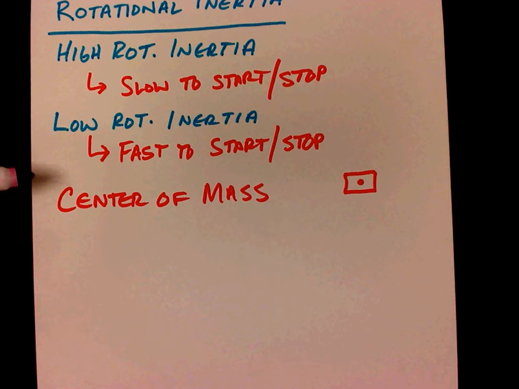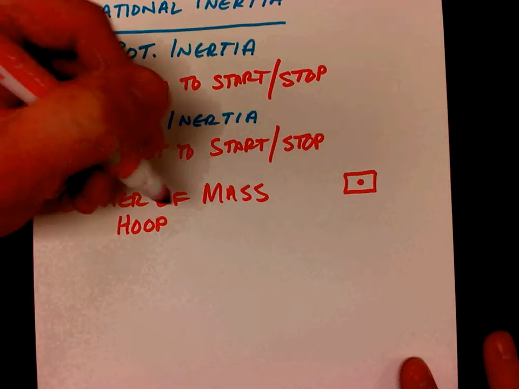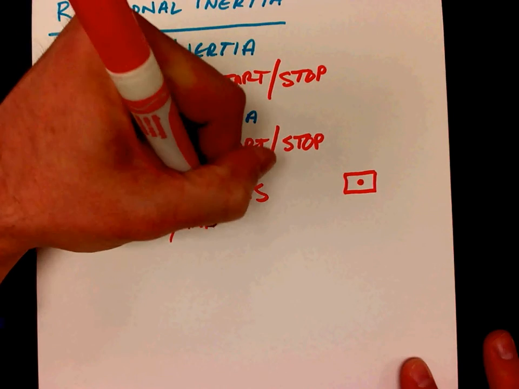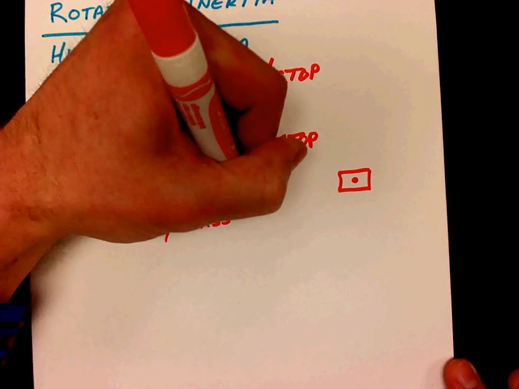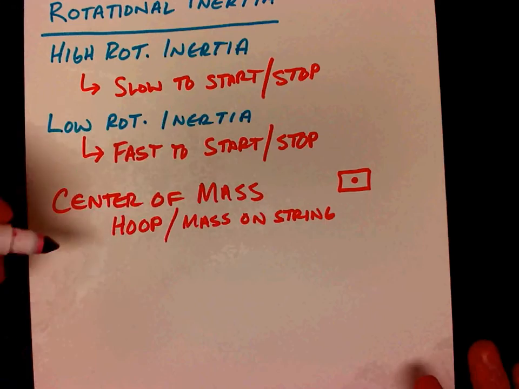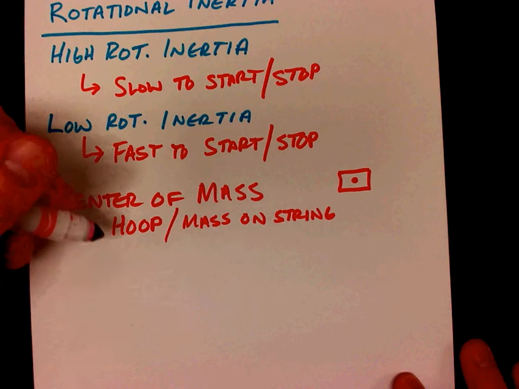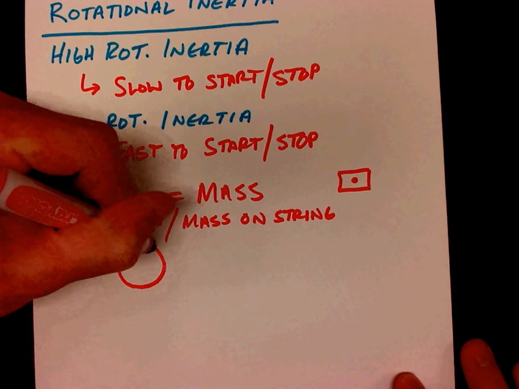One type of object that we're going to look at is a hoop, or something like a mass on a string that's being rotated around the top of your head. So mass on string, let's put that on here as well. And so just to give you a quick view of what a hoop is, we're going to try to do a decent drawing here.